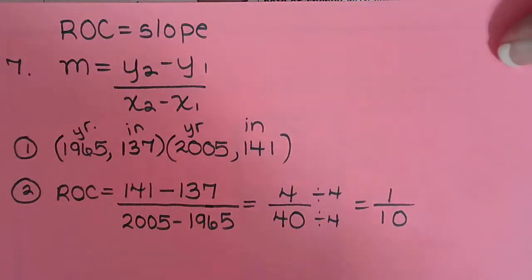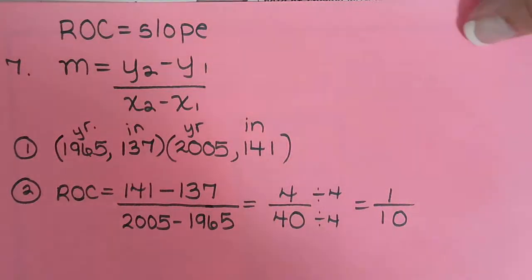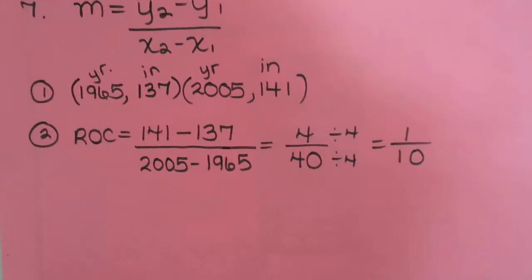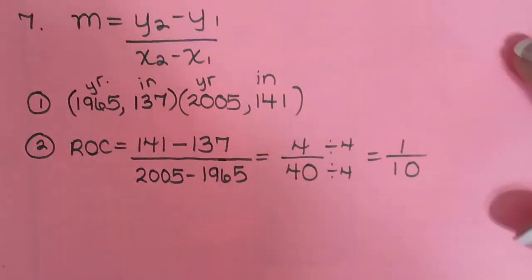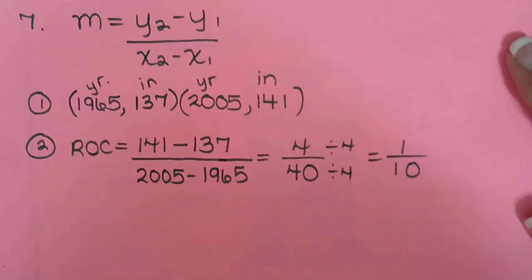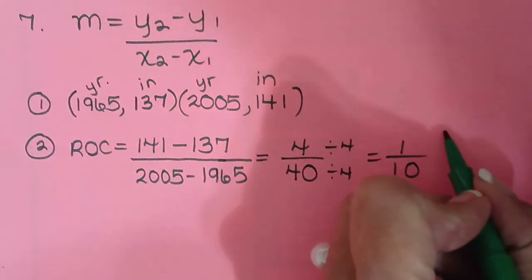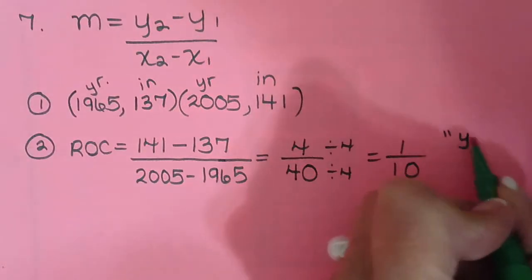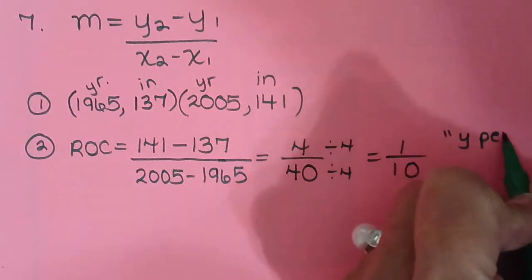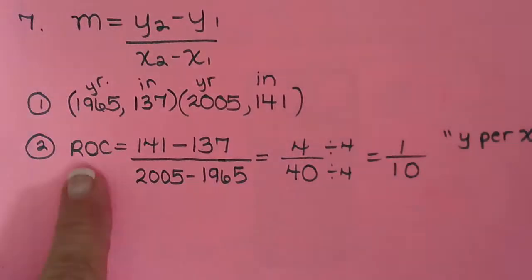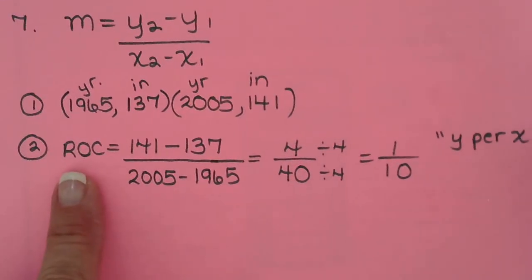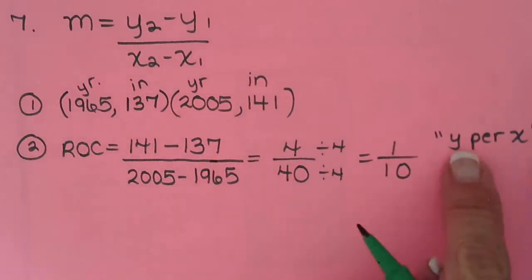Okay, now this is where the last section, before the pages we did before this, helps us with the label. Remember on the candy store problem, we said it's y per x when you go to label it. So anytime you're labeling rate of change, you always have to remember it's y per x.